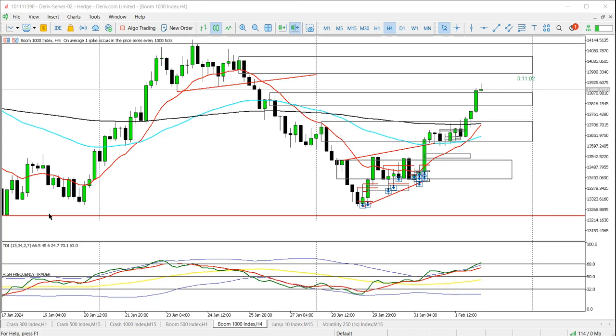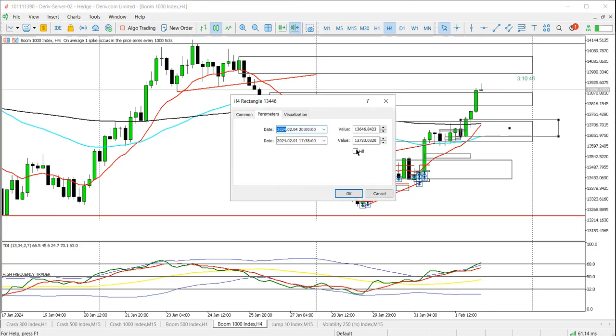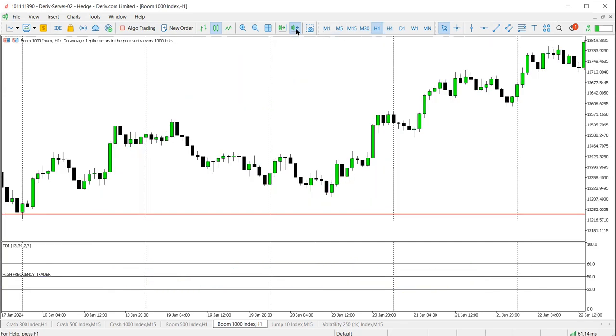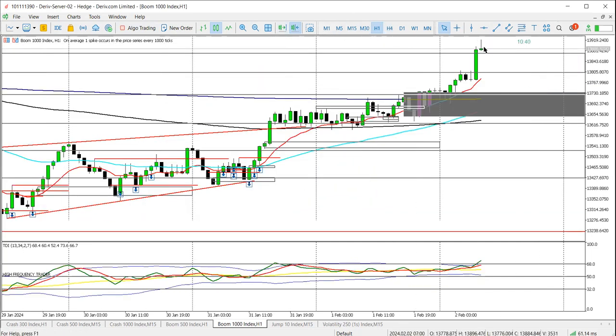So the demand zone which I see on this particular up move would be this zone here. If I make it deep gray, that will be my point of interest there. If we come back to H1, I still want to see price retrace all the way to the morning open price somewhere there.